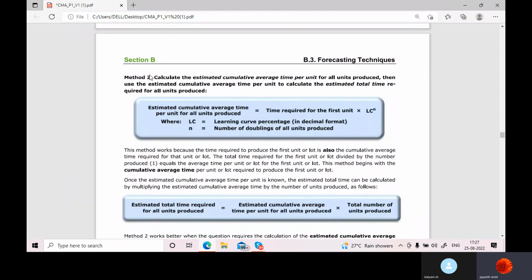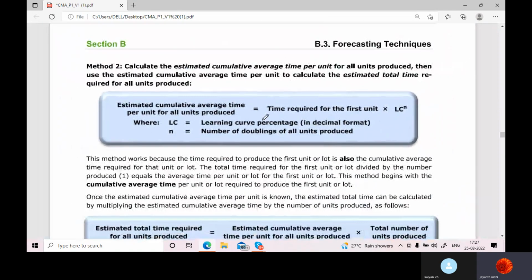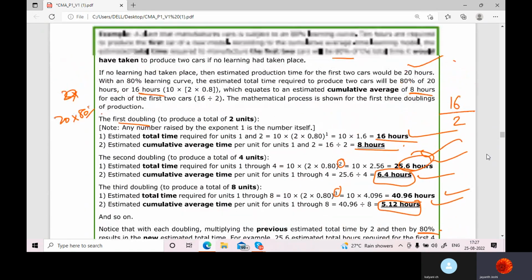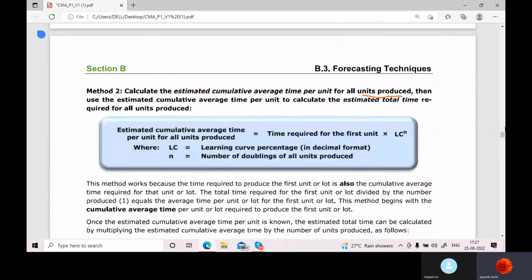This is method 2. Calculate the estimated cumulative average time per unit for all units produced. So previously we found out the total time. This is method number 2 actually. Now we are finding out the estimated cumulative average time.